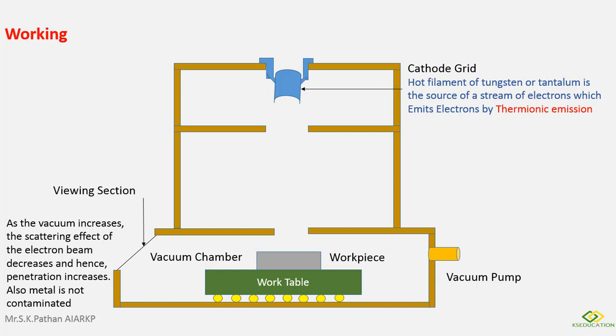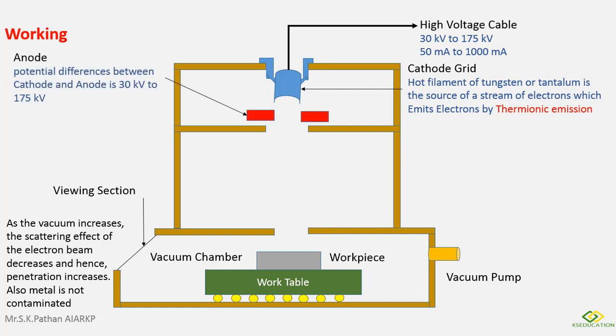So we do this process by thermionic emission, and to heat this cathode grid we supply electric current through a high voltage cable in the range of 30 kilovolt to 175 kilovolt, and a very minimal current of 50 milliampere to 1000 milliampere. The anode is kept below the cathode to create the potential difference between cathode and anode.